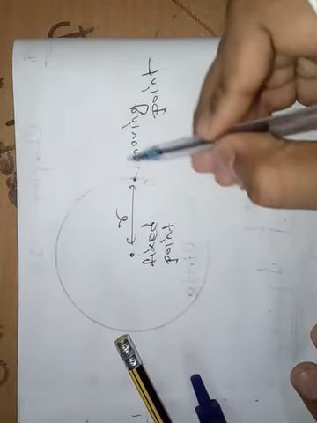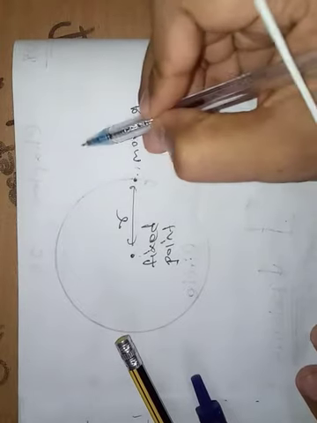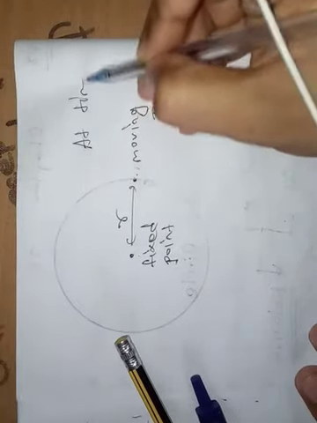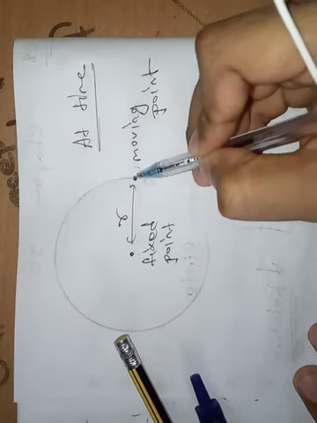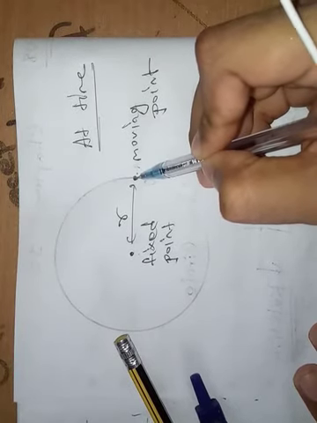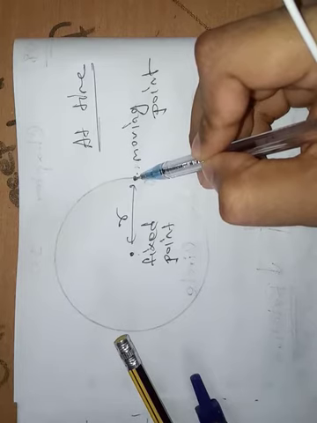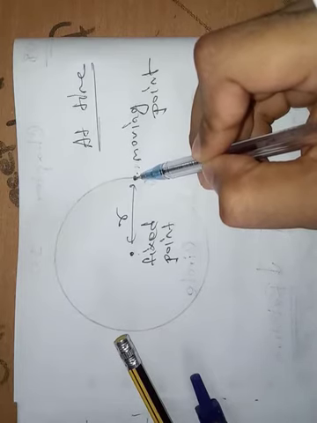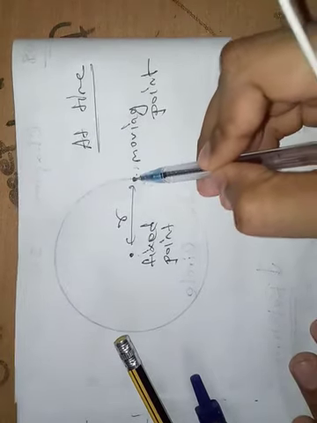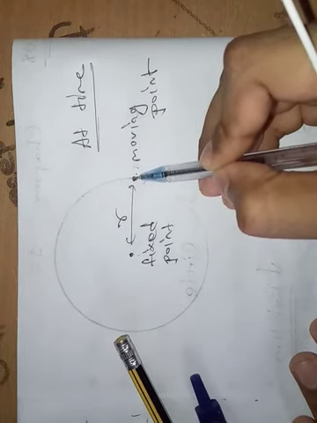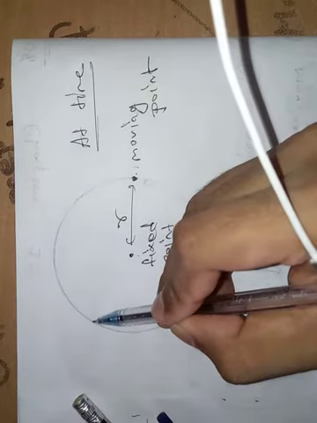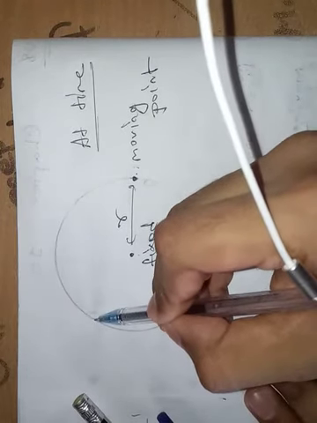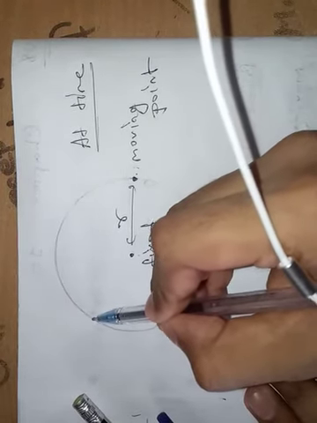Let at time 0 the moving point is here, and after 5 seconds the moving point moves and takes its place in that position.